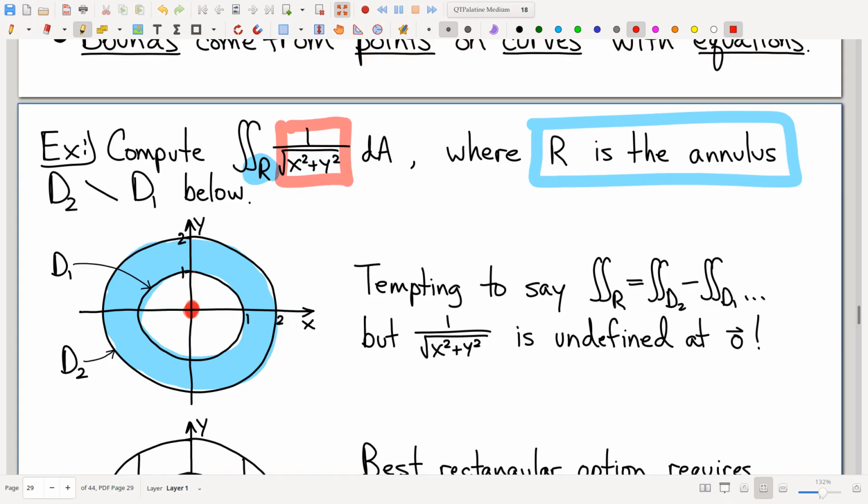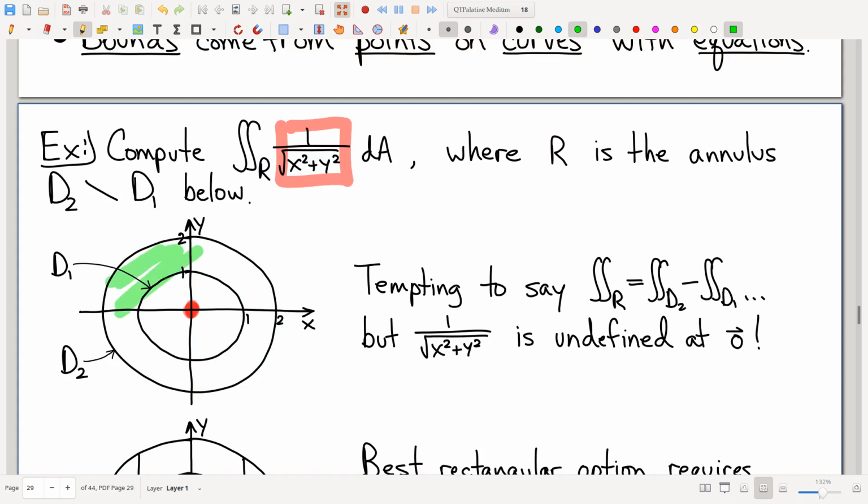Okay, that said, here's what a lot of students like to do to compute this. They say, okay, well, I'll compute the integral on the entire disk, and then I will subtract what I get on just the island disk, and I'll do the green integral minus the purple integral, and that'll give me what I want.